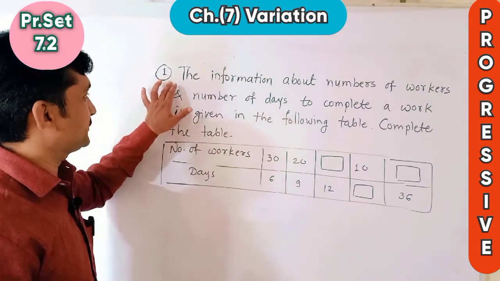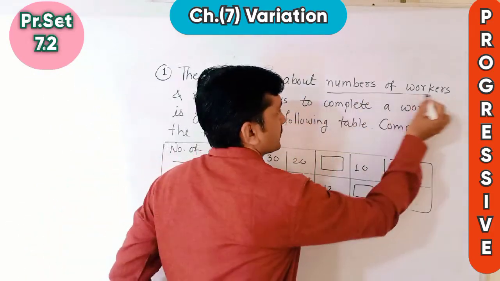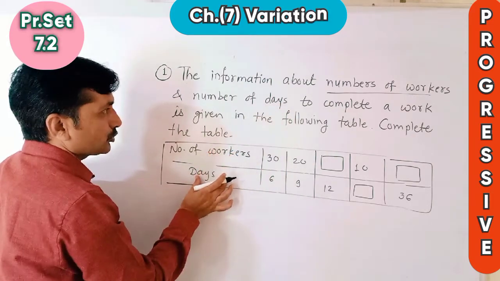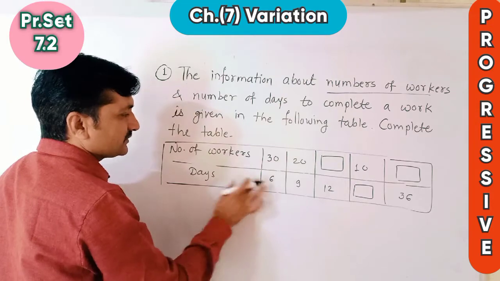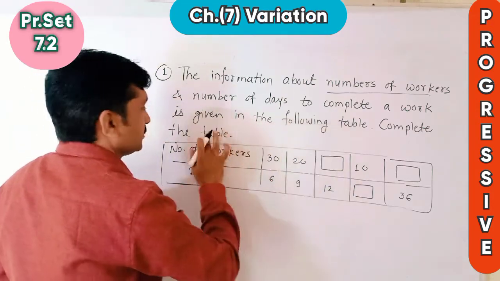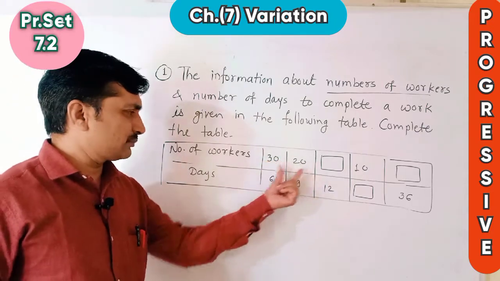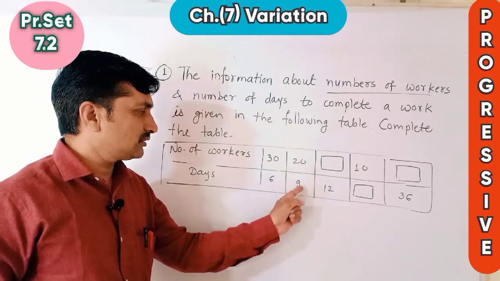First example is the information about number of workers and number of days to complete a work. Number of workers 30, days 6 in the following table. Complete the table. Two examples are given here already, 30 and 6, 20 and 9.